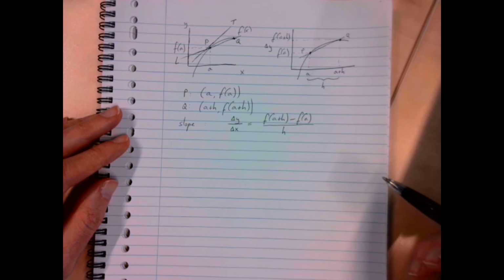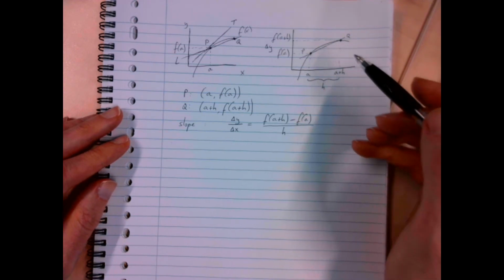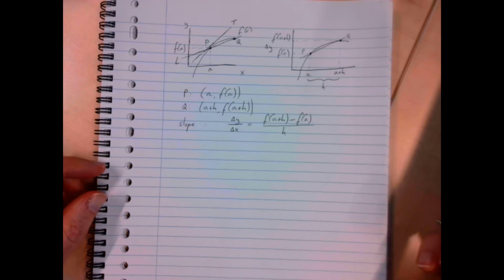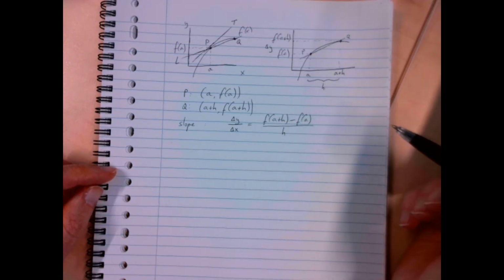So what is now the slope of the tangent line? Well, it's actually the slope of this line connecting P and Q, provided that I take Q very, very close to P. So how would I define very close? Well, I just want to make sure that this h, this horizontal movement, is very, very small.